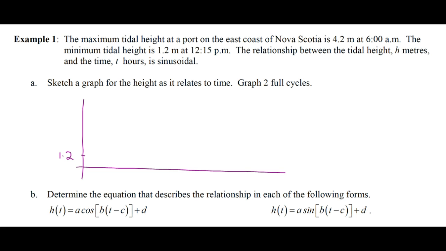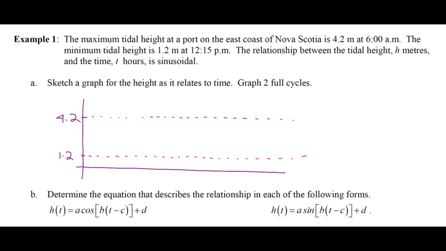So let's call this 1.2 and call this 4.2, right? So we have a max and a min. And I'm just going to sketch a little dashed line here and here, so that I know that my curve lies between there.